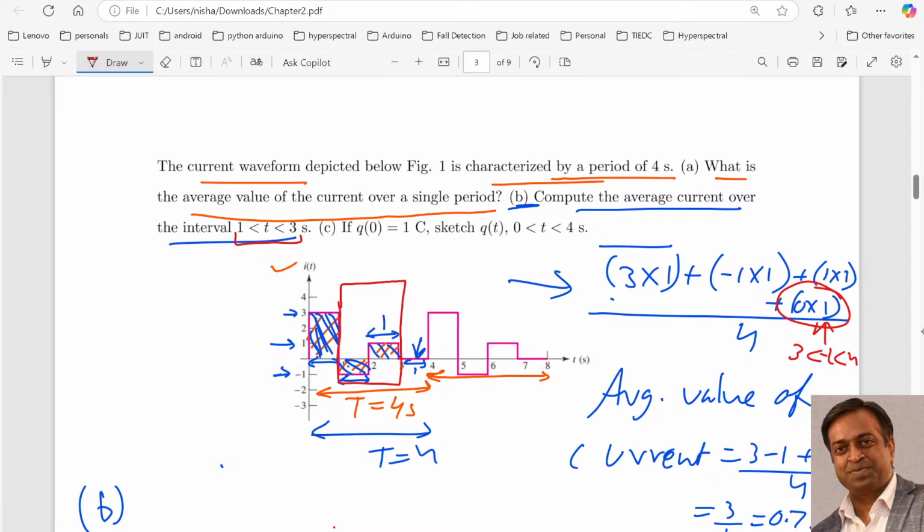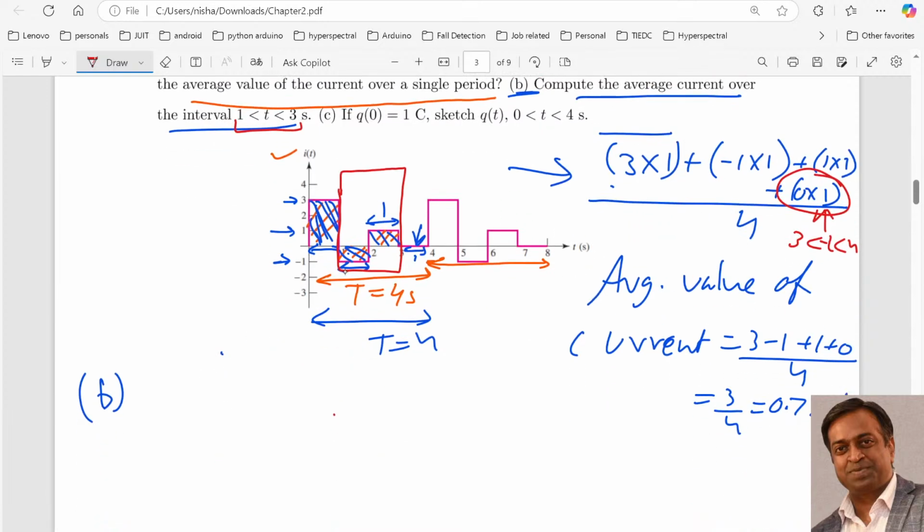For this part, in between 1 and 3, from time 1 to 2, so 1 less than t less than 2, the current is -1, and from 2 to 3 the current is 1.